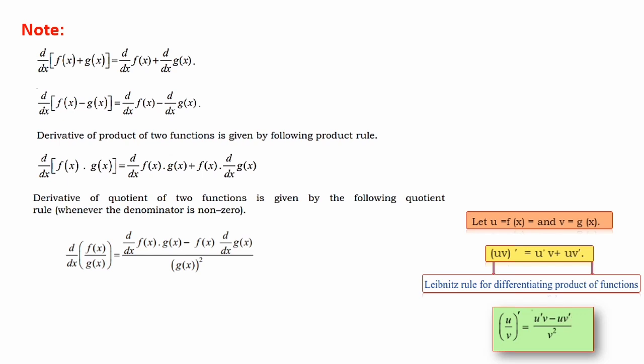Once again, u by v the whole dash is equal to denominator square, that is v square, then u dash v, u dash means derivative of the numerator into the denominator minus u into v dash, means numerator into derivative of the denominator. This is the quotient rule.